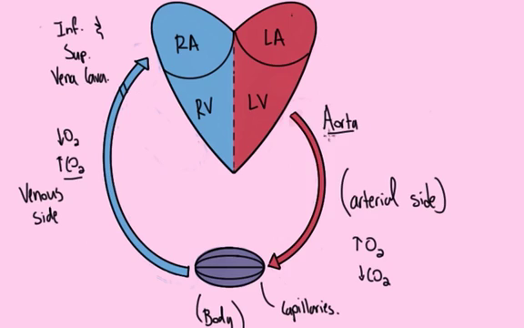There's only one aorta, but the inferior vena cava is draining all the blood that came from the lower half of the body, and the superior vena cava is draining all the blood that came from the upper half of the body. And again, this is all blood that's been used and drained of its oxygen. That's why it's blue. So this right atrium, still low in oxygen, is going to pump blood directly into the right ventricle, and the right ventricle is going to send it back out again.